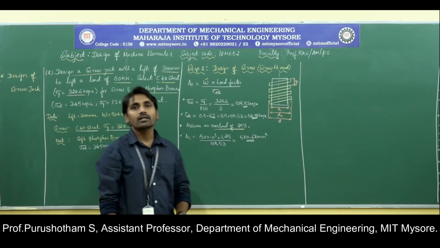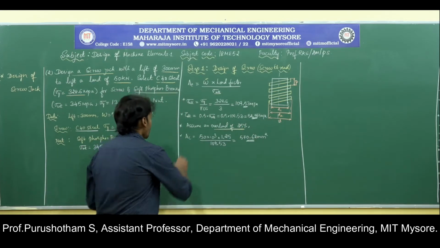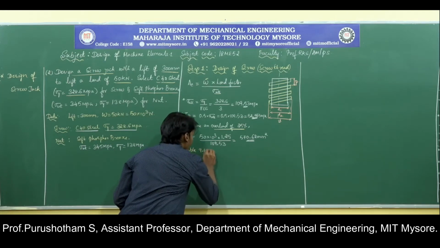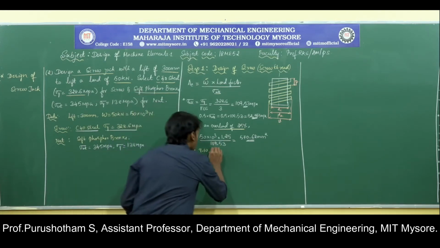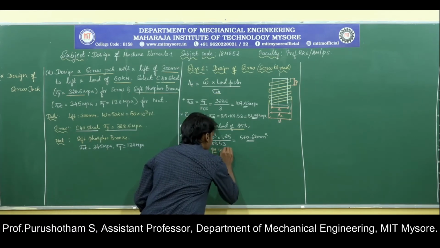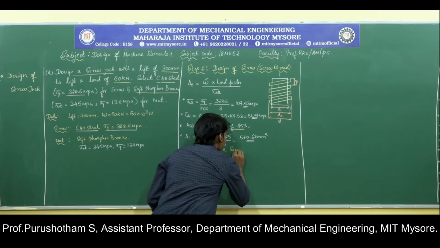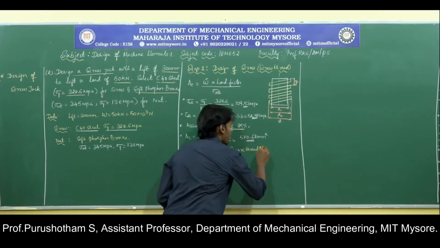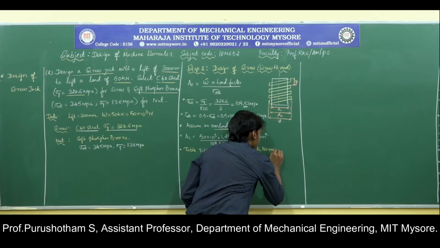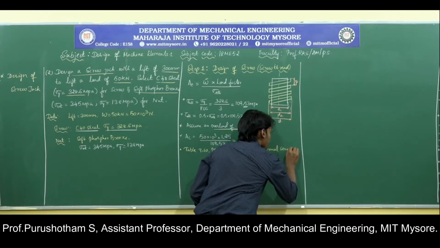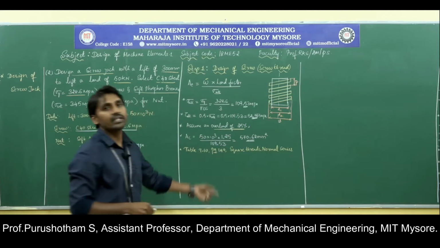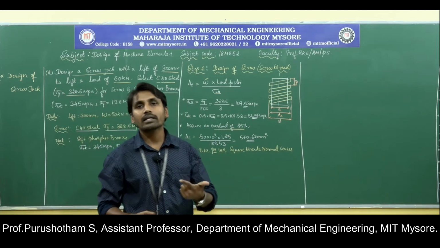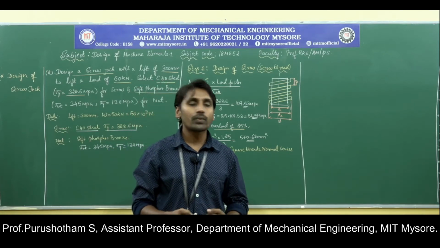Now from table 9.10, page number 149, for the square threads normal series, we need to calculate the diameters, that is major dia, minor dia, mean dia as well as the pitch value.